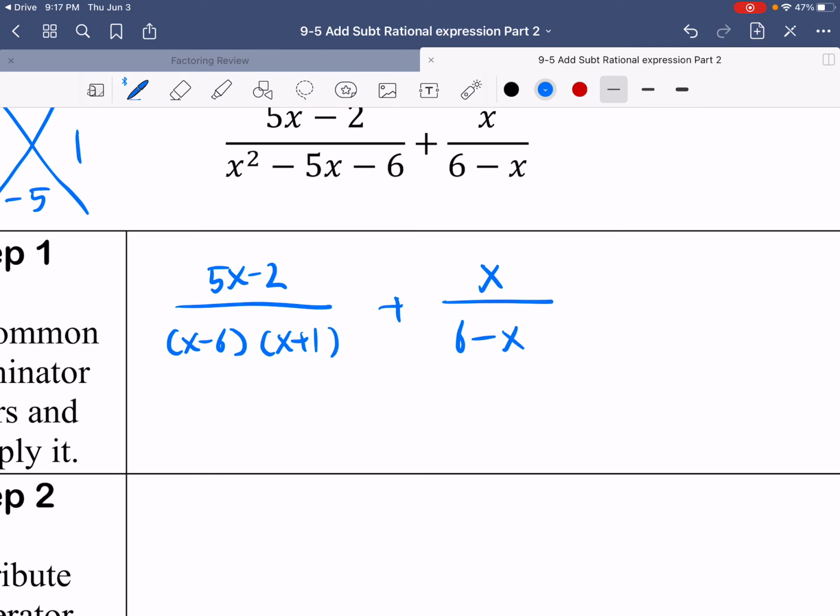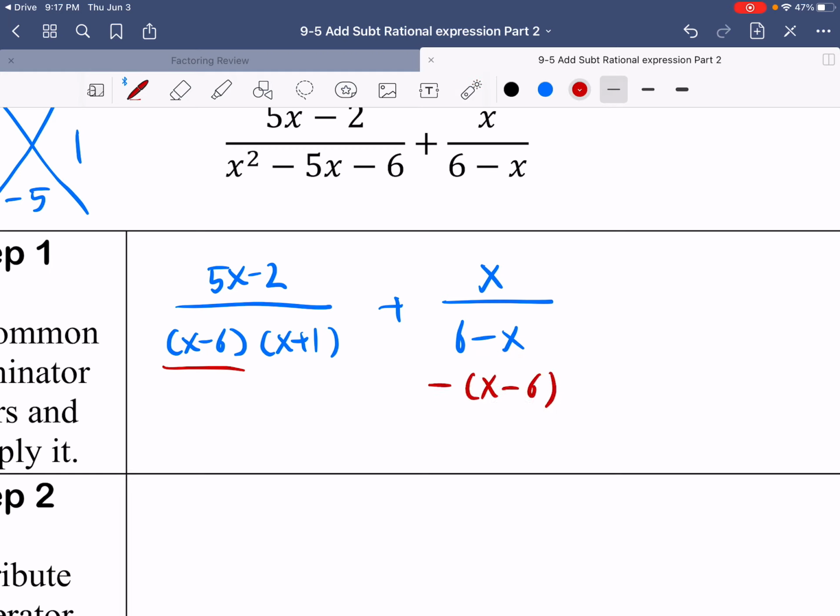Now, before we do something else, do you see we have x minus 6, but this one is 6 minus x? And the interesting thing is, if you switch it, this one is the same as -x plus 6. Still, it's not quite the same as this. But here's a trick. This one can be changed like this: -x minus 6.